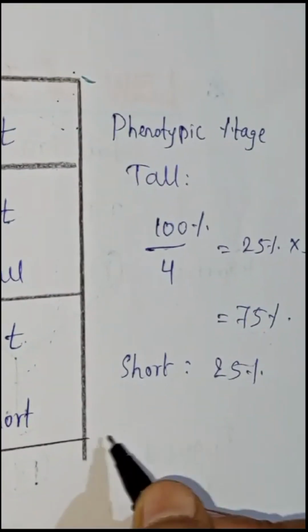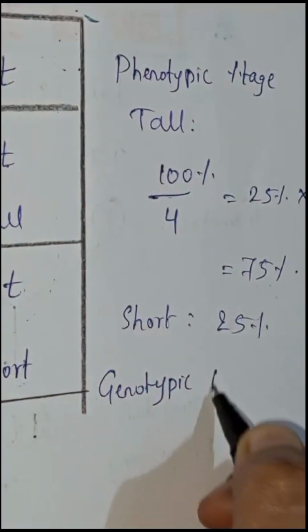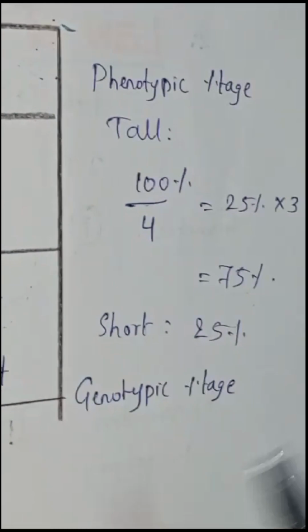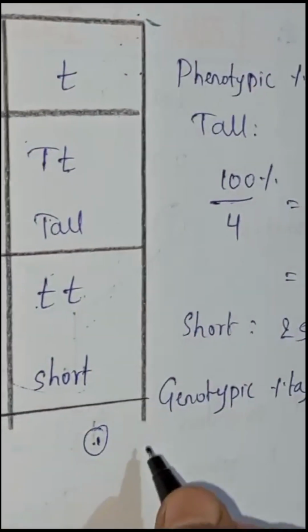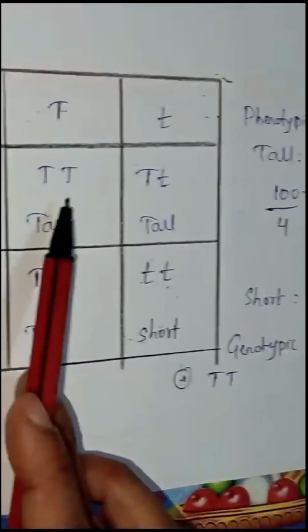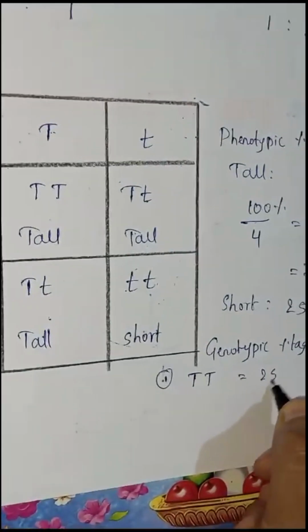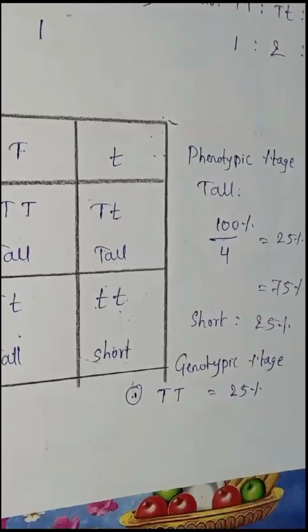Next, the genotypic percentage. First is the genotypic percentage for capital T capital T. Out of 4 boxes, 1 box is occupied by capital T capital T, so directly we can write it as 25%.